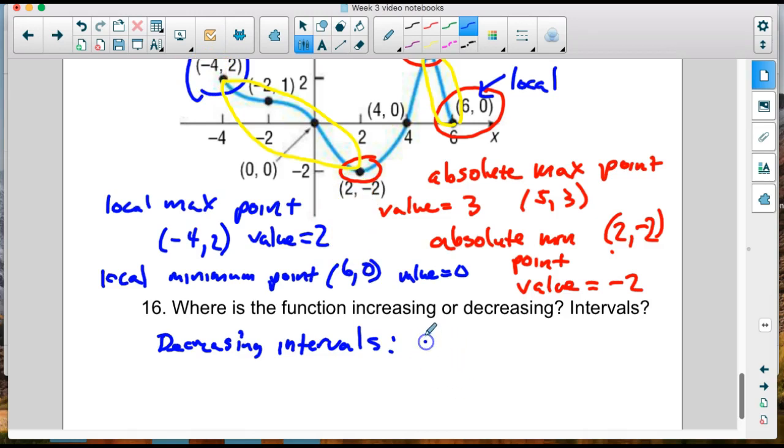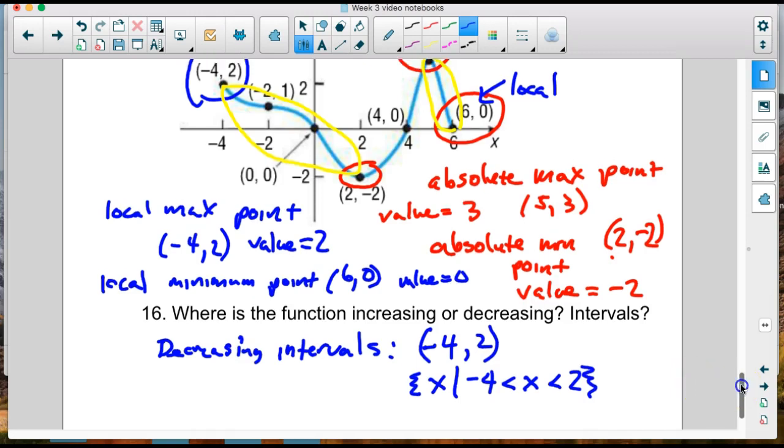So our first interval for decreasing is -4 to 2, and we can also write it in set notation: -4 is less than x is less than 2. We don't include the endpoints in these because it's not increasing or decreasing there. It has just stopped at that point.